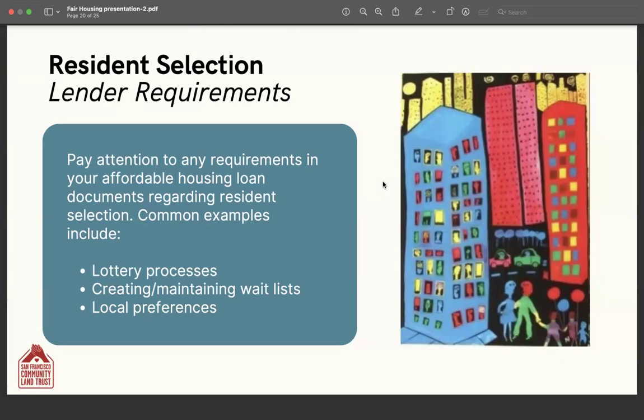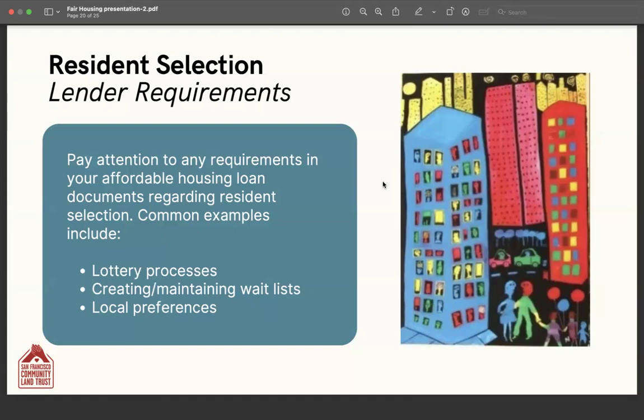And oftentimes those are preferences for people that live or work in an area where an affordable housing building, home, or unit is, giving those people first preference. And then I've also seen local preferences around people that live within a specific radius of the housing development or the home or unit.